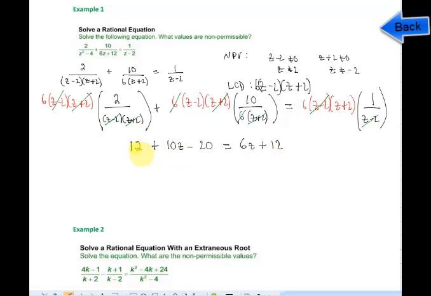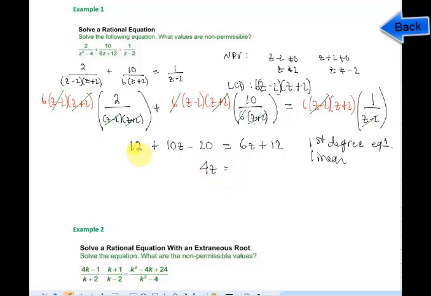All right, notice we have a first degree equation, which means it is linear. Okay, so we don't have to worry about factoring or anything. So we're just going to bring all of our z's over to the left and our constants over to the right. And so we're going to move the 6z over. 10z minus 6z is 4z.